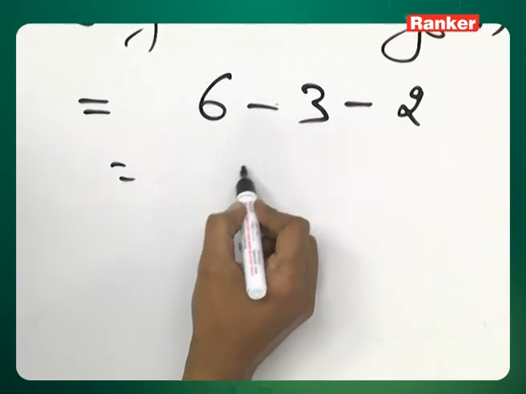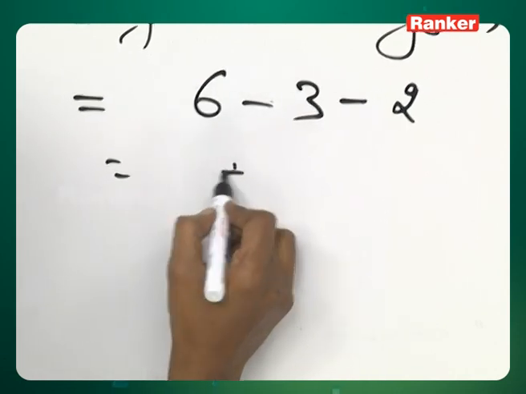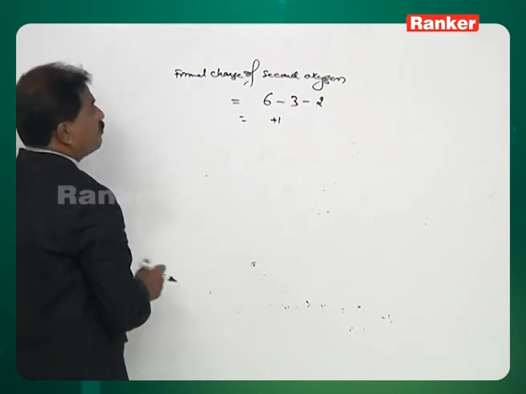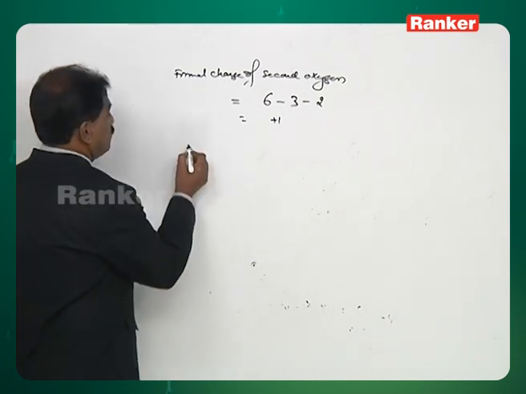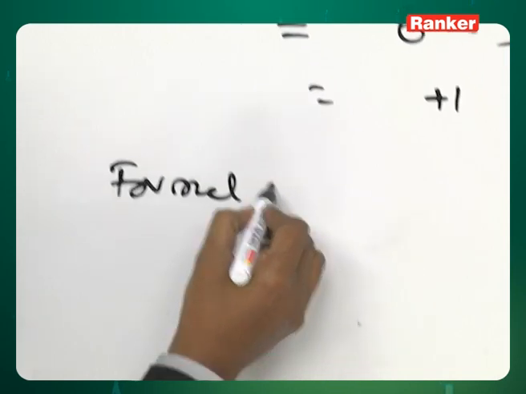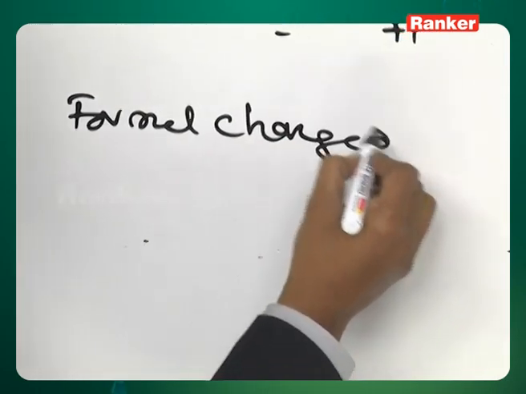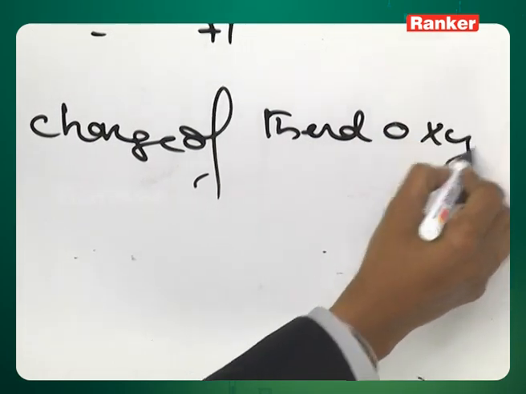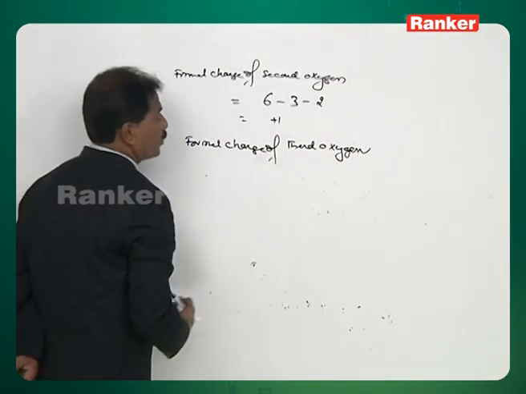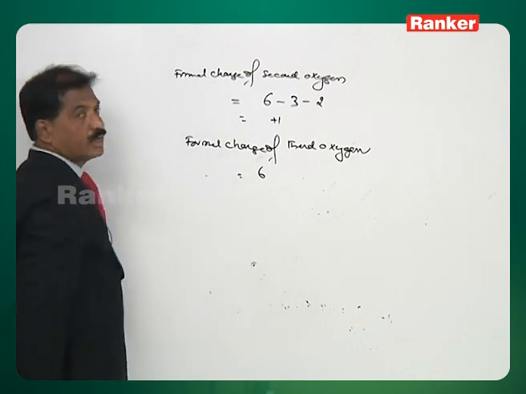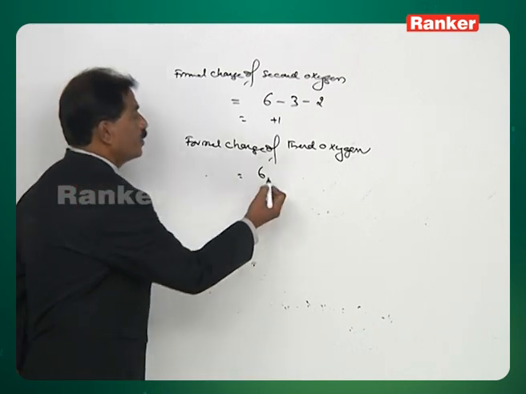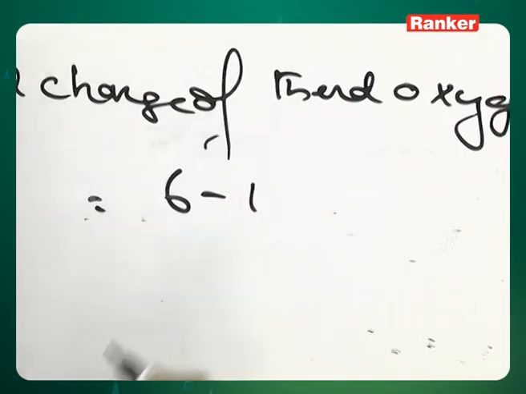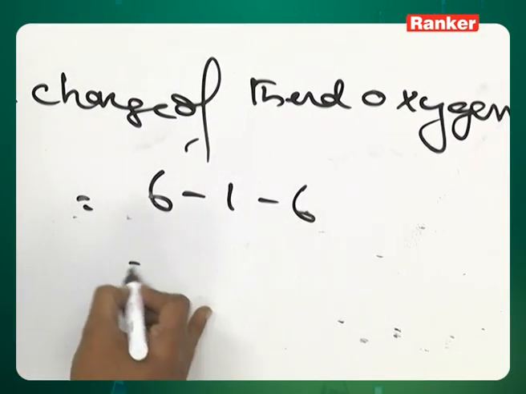So, therefore, formal charge is 1. Next, formal charge of the third oxygen. Electrons in the free atom. Next, total number of electrons contributed for bond formation. Next, 6 electrons. So, minus 1.